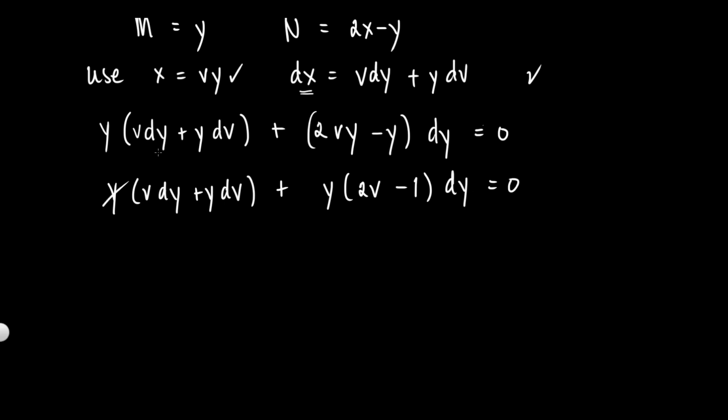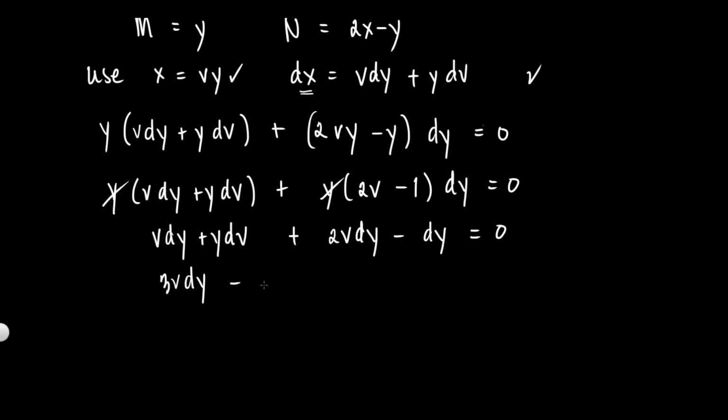Parehong may y, so cancel na yan, mawawala na yan. Ano natira? v dy plus y dv plus 2v dy minus dy equals 0. Ano yung magkatulad? 2v dy and v dy. So, 3v dy minus dy plus y dv equals 0.